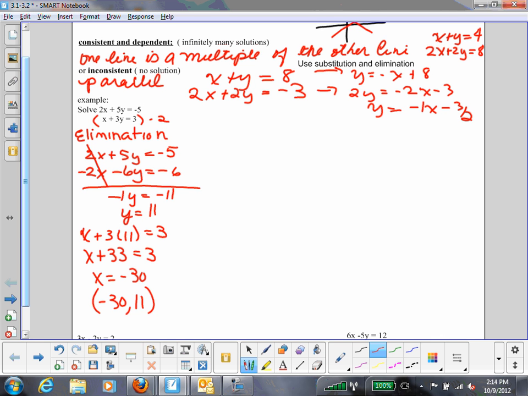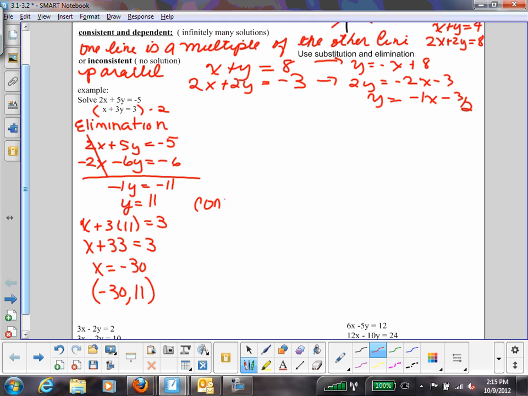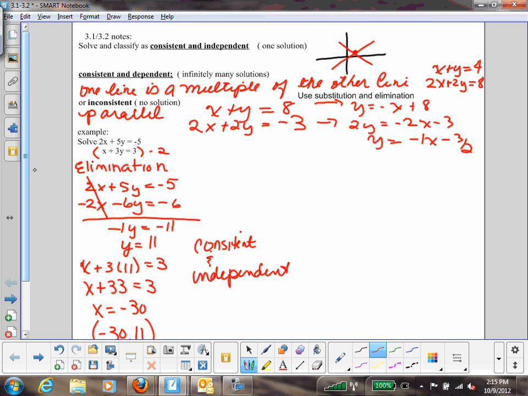Okay, considering this has one solution, how would we name this? Would we name it as inconsistent, consistent and dependent, or consistent and independent? Consistent and independent, because it has one solution, right? So our definition of consistent and independent says between the two lines, we get one solution.